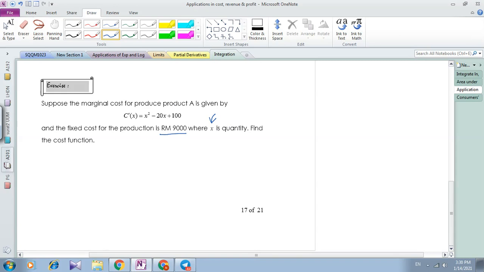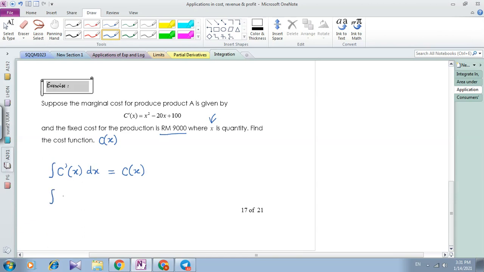To find the cost function, denoted by C(x), in the question you are given C prime. So in order to find C(x), you integrate the given function, because when you integrate C prime, you will get the original cost function.